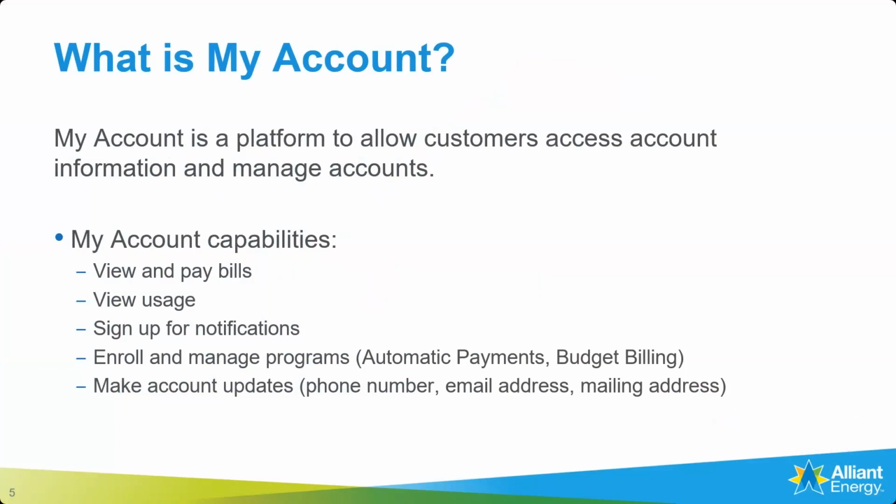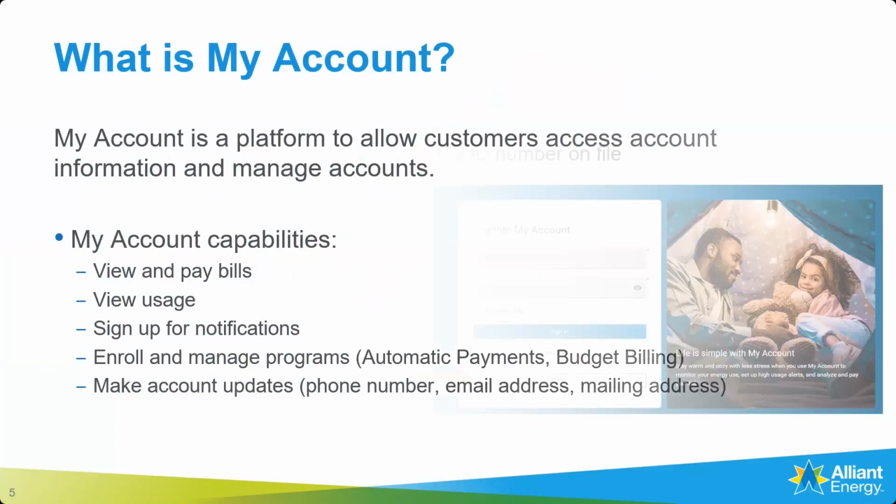You can enroll and manage your programs such as automatic payment or budget billing. And you can also make My Account updates. So that could be to your phone number, your email address, your mailing address, and other contact information. So it's a good resource there if you need to manage your account either on the website, through a tablet or a smartphone. It's very convenient.